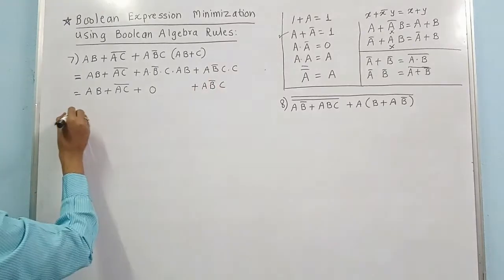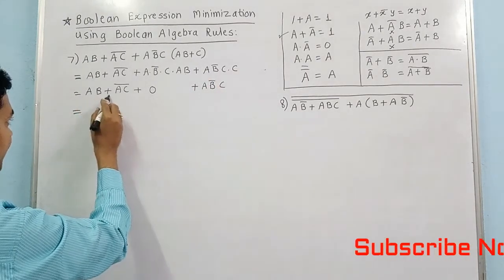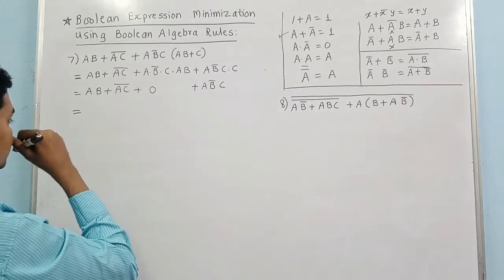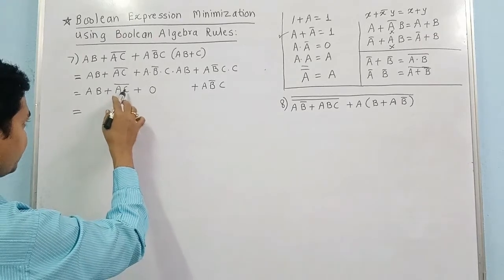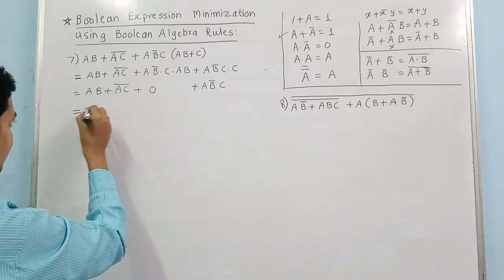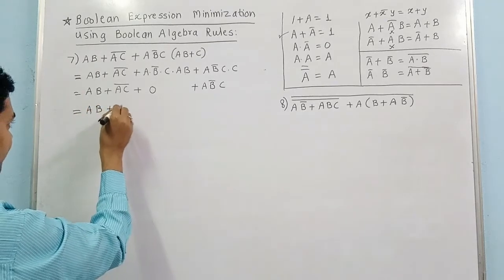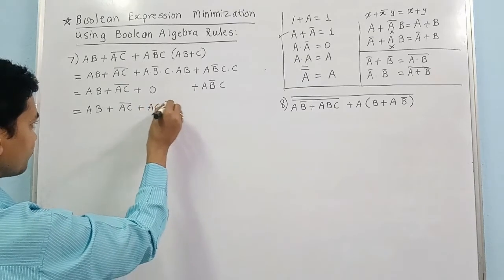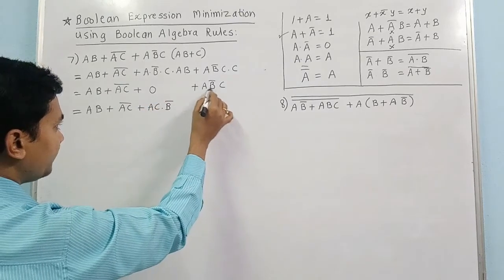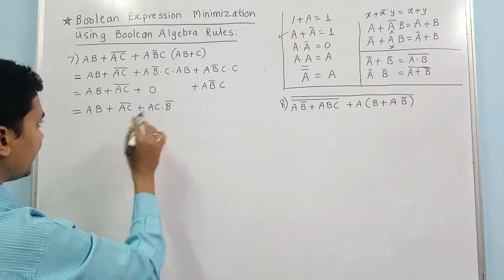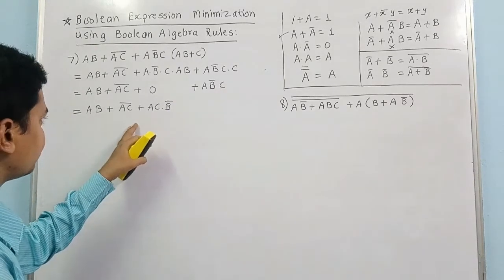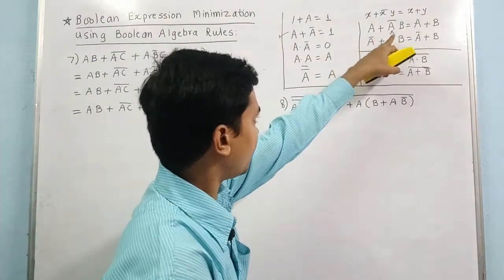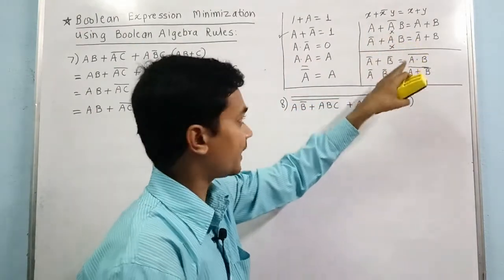Okay, now what next? ab plus ac bar plus a b bar c. I will just rearrange the terms: ab plus ac bar plus ac into b bar. I have written this a b bar c as ac into b bar because I want to achieve this term in the form of a plus a bar b or a bar plus ab, so that I can reduce it further.